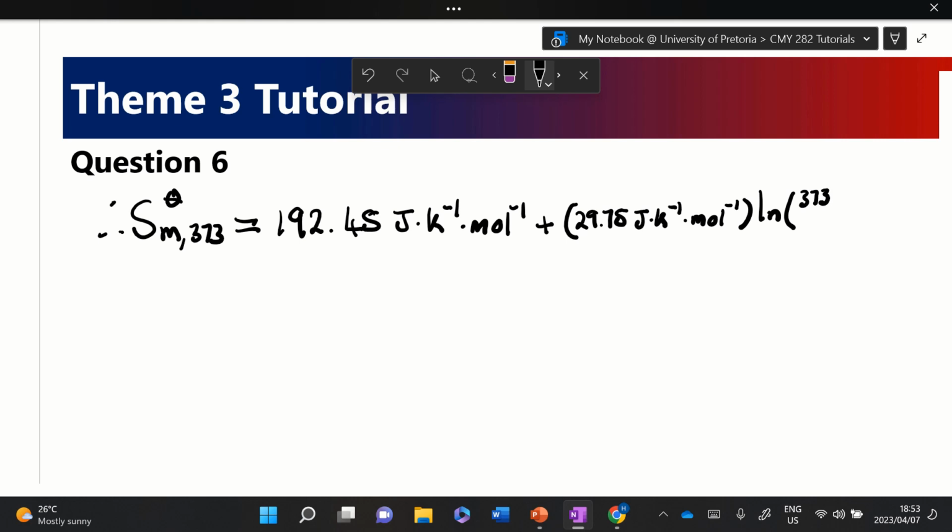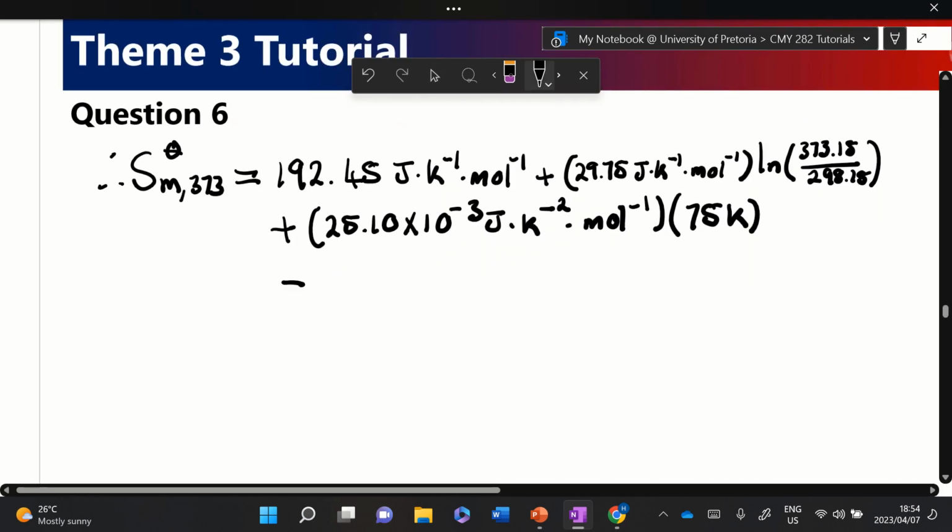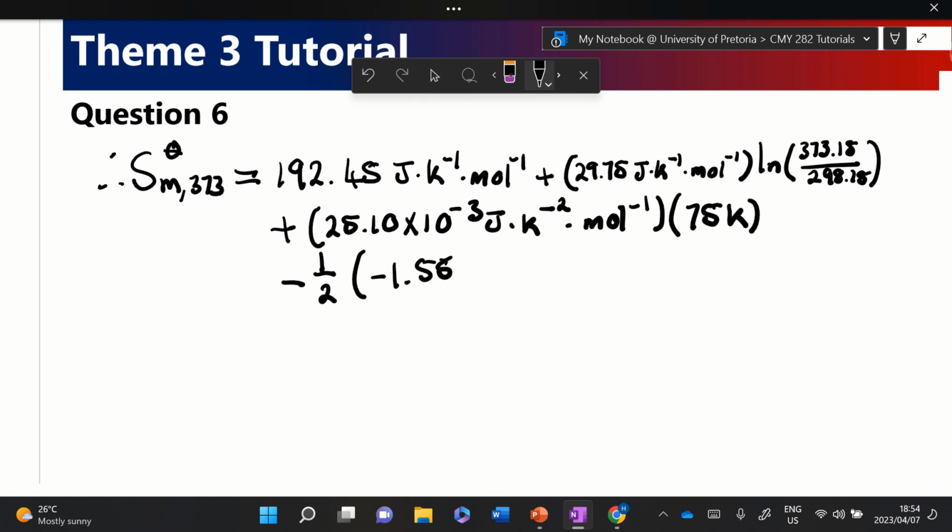So 373.15 over 298.15 plus 25.10 times 10 to the minus 3 joule per Kelvin to the minus 2 per mole to the minus 1 times 75 Kelvin, because that's the change in temperature, minus a half C, which is minus 1.55 times 10 to the 5 joule.